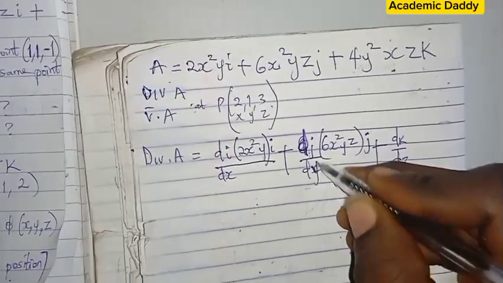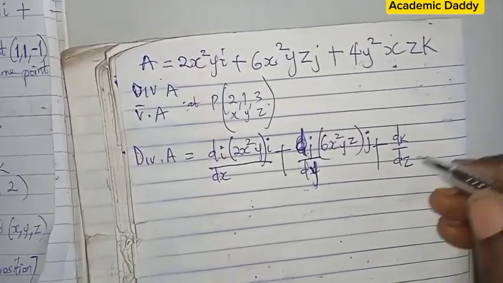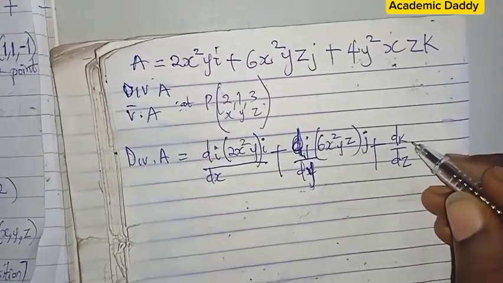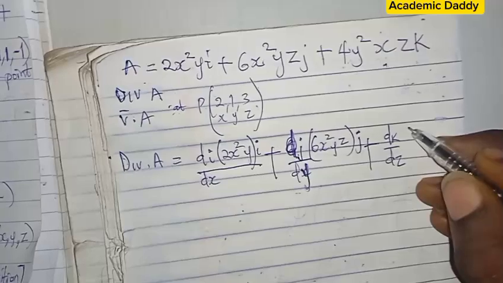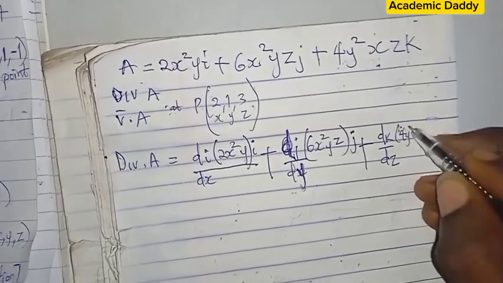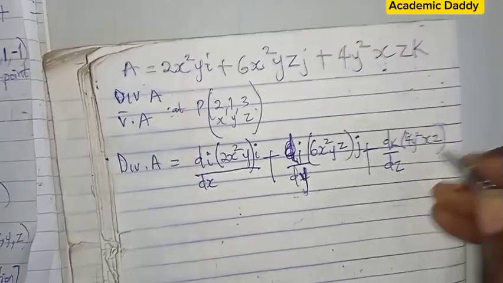What am I doing? Anything j is with respect to y, j means the y axis, so k means the z axis. So then 4y squared xz k.